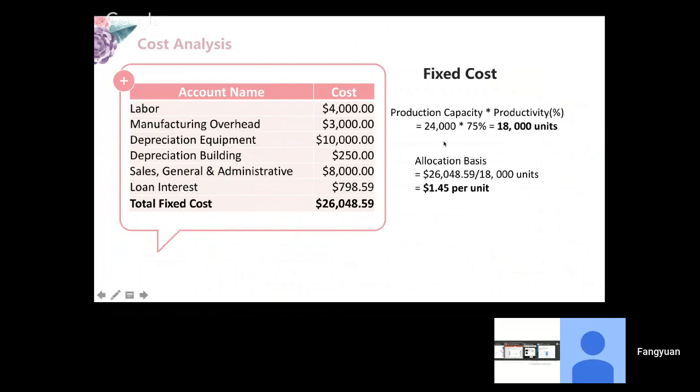Assuming our productivity efficiency is 75%, we would produce 18,000 units per day. Each product would cost $1.45. As shown by working efficiency, fixed cost for each product will decrease.